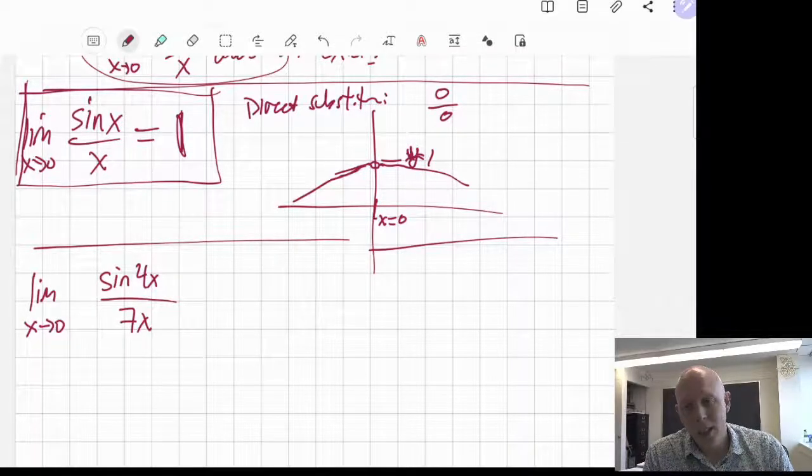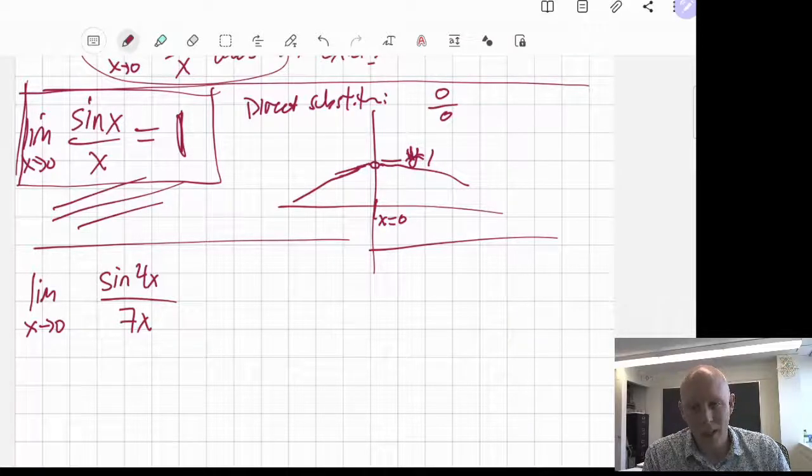Okay, so when you see a situation like this, where you have sine of 4x over 7x, you want to convert this into an expression that looks a lot like this one up here.